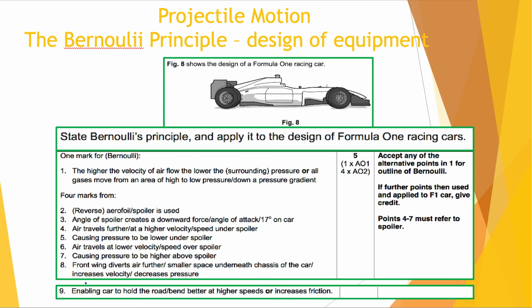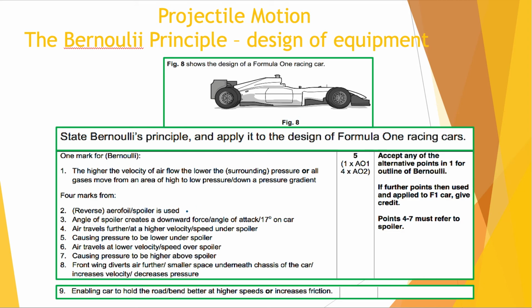And then we've got this point about the front wing. The front wing diverts air through a smaller space underneath the chassis of the car, which increases the velocity of the air and decreases its pressure. And the overall effect then is to enable the car to hold on to the road around a bend at a higher speed.